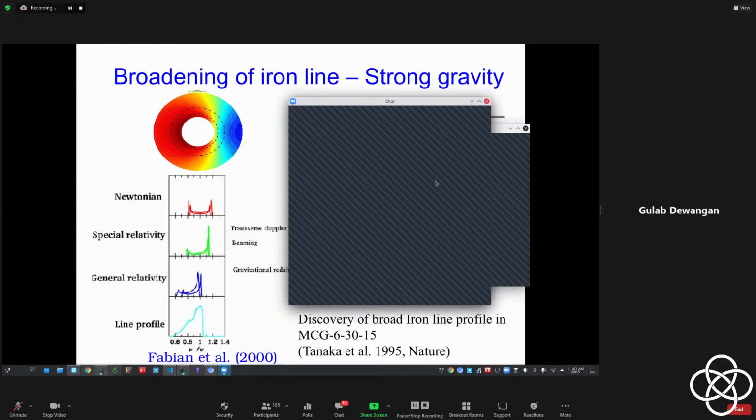When we look at the soft X-rays and the hard X-rays, first the soft X-ray varies, then it is followed by the hard X-rays.